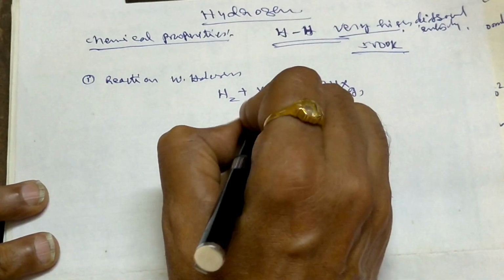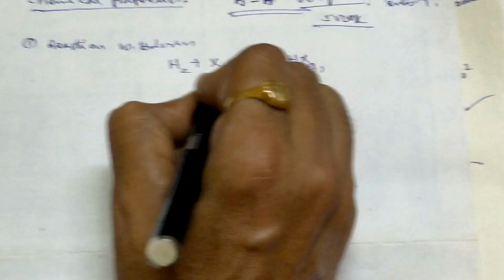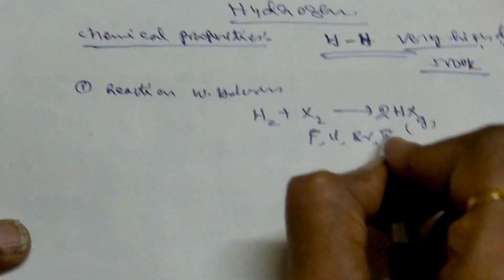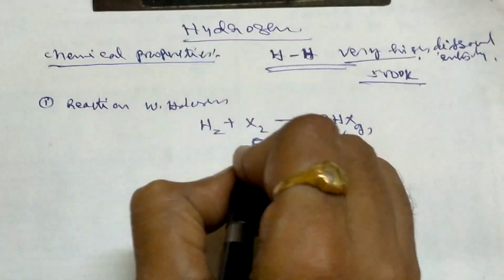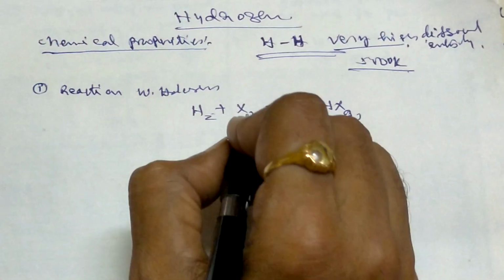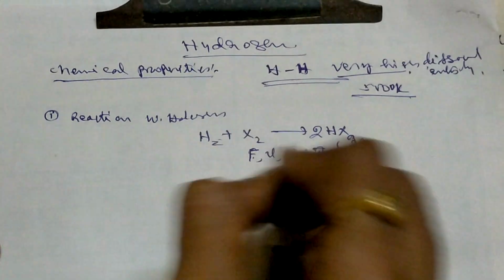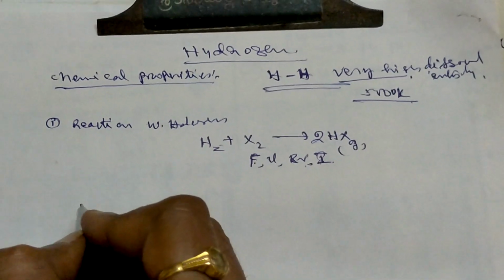X can be fluorine, chlorine, bromine, or iodine. Fluorine reacts very fast, while iodine is a slow reaction and requires a catalyst. The most important is HF, which is a very dangerous acid. Hydrochloric acid is the more useful one, then hydrobromic acid and hydrogen iodide. That is the reaction with the halogens.